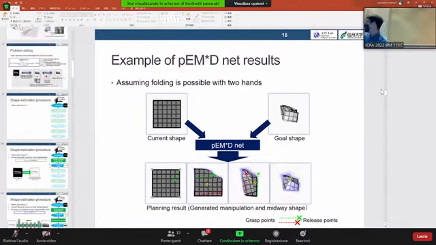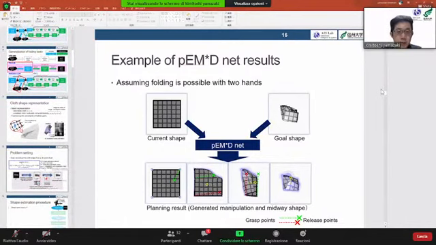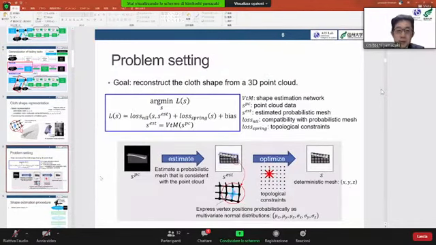At present, we tried just a simple shape, so maybe it is not general knowledge. In our case, we estimate the mesh from the point cloud, but here we may have occlusion. In such a case, the occluded part is estimated probabilistically.